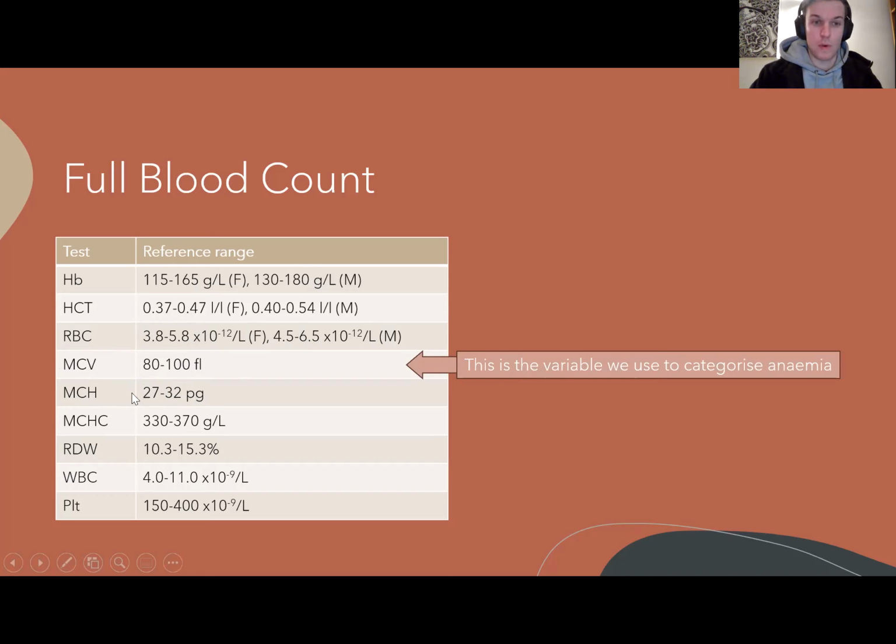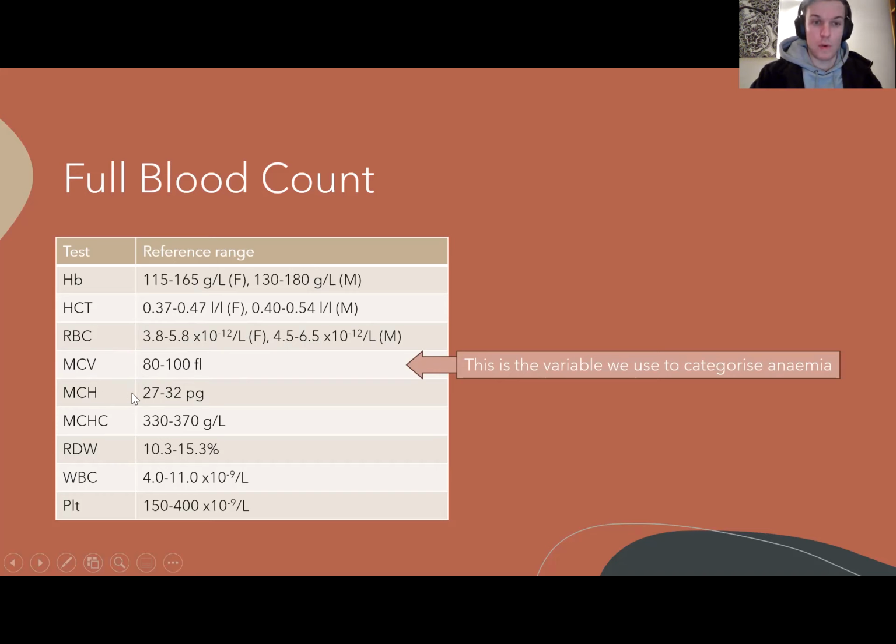So we said that MCV is going to be the way that we quickly identify what's causing an anemia. With a microcytic anemia, there's a handy acronym that you can use to remember some of the biggest causes. As we said, the MCV is 80 to 100 femtoliters, that is the unit.